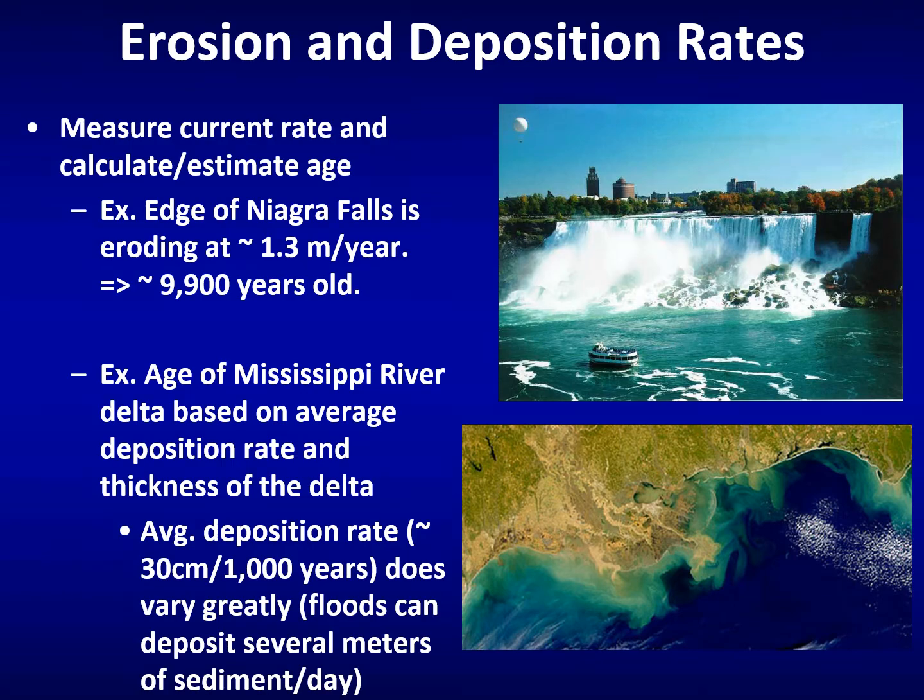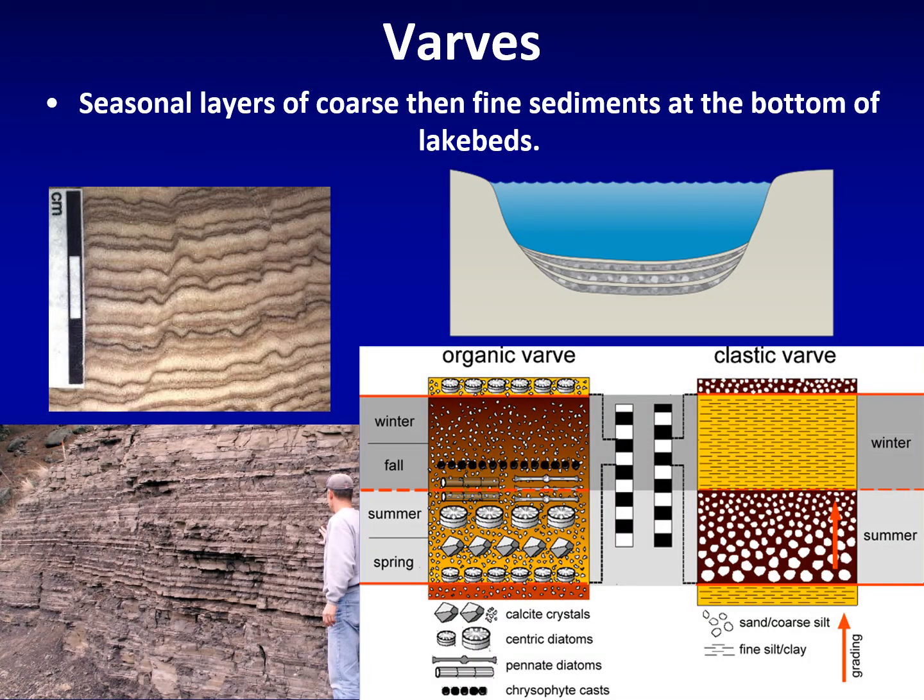Another way to tell the absolute age is by looking at lake bed sediments. You can see a rock sequence there in the bottom left corner. This person is looking at how the lake bed sediments were deposited over many, many years. And you can actually count them like tree rings.